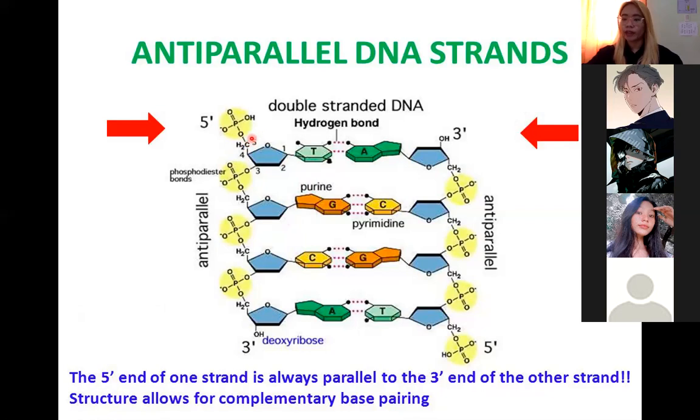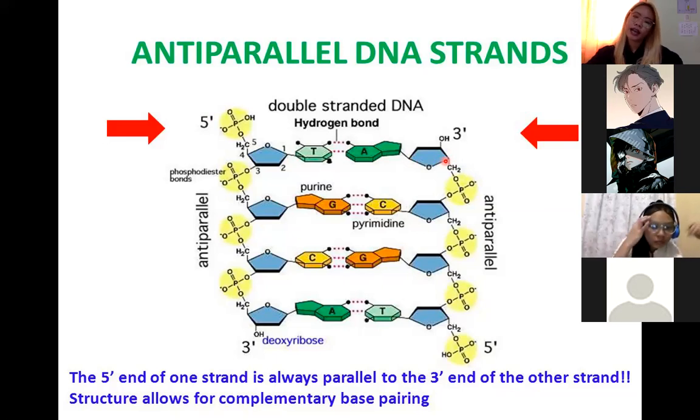Dyan sa carbon 5 ng sugar, naka-attach itong phosphate. So this is what we call as 5'. On the other side, carbon 1, carbon 2, and carbon 3. Ibig sabihin, yung nasa ilalim nitong strand na to is what we call as 3'. So itong strand na to, ang direction niya is 5' going to 3'.